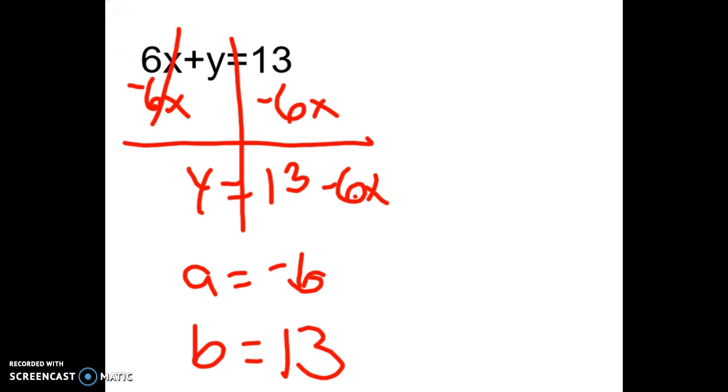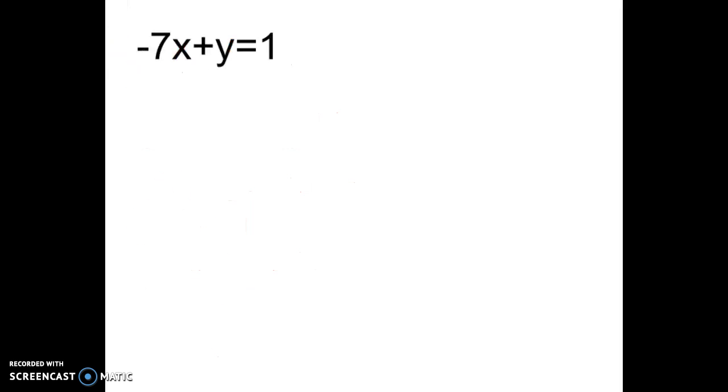This next example will help you do number 4 on your worksheet. Okay. Y is not by itself. I need to get it by itself, which means I need to get rid of this negative 7x or this minus 7x. The opposite of a negative number is a positive number. Okay. The opposite of subtraction is addition, so I need to add 7x.